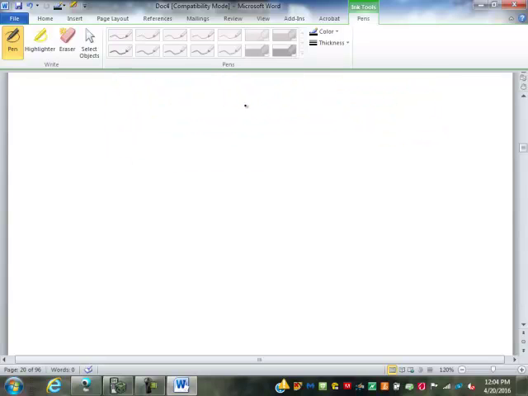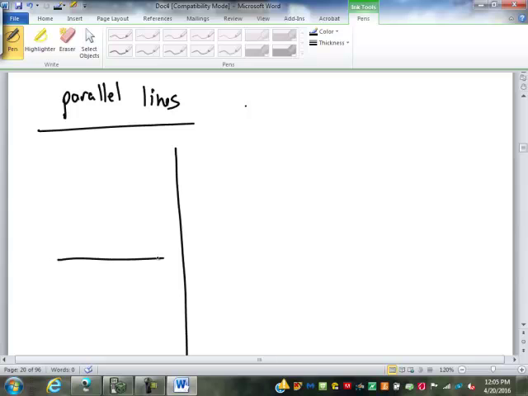Okay, so what are some other things we can do with our lines? Parallel lines. We've seen this in our graph before when we started exploring our lines.